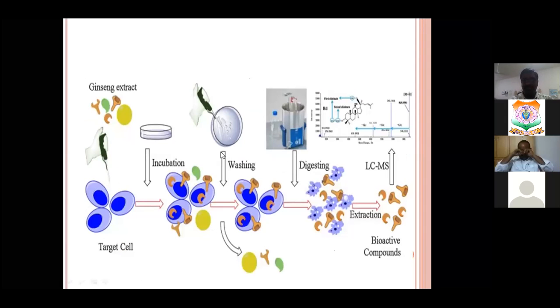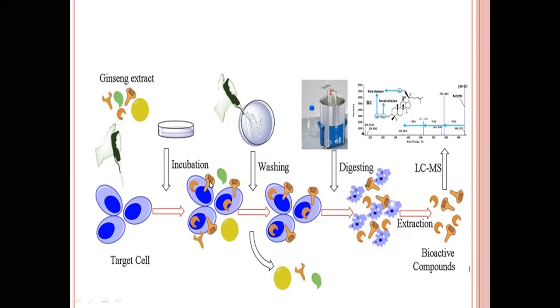I hope you can see, these are the active components of the ginseng extract, and this is the target cell. They are incubating with the cell culture flask. The brown color is the active components which are bound to the cell, and the yellow color components are not bound. After washing, the yellow components are washed away, and the components bound to the cells remain.